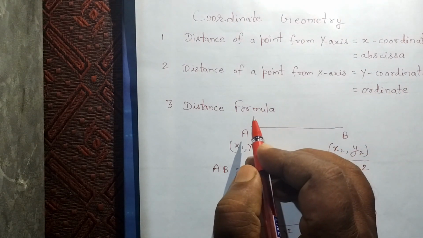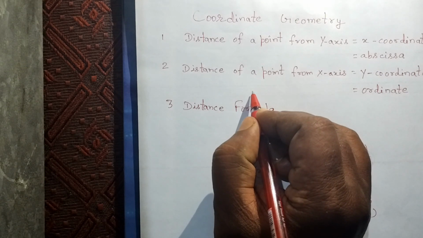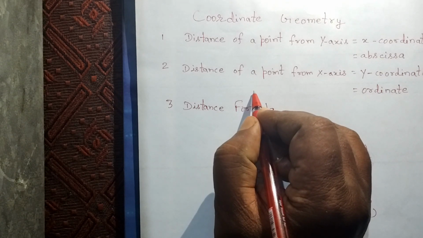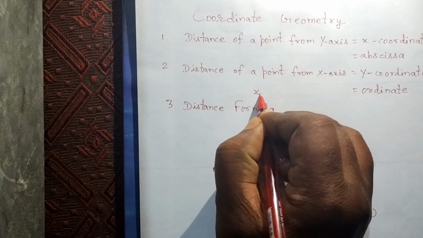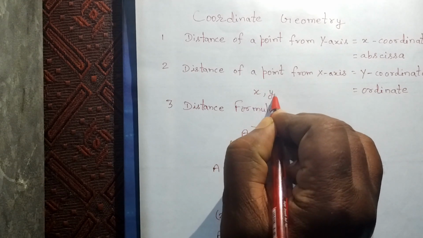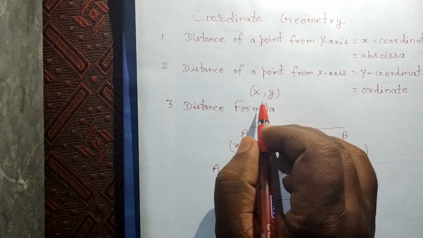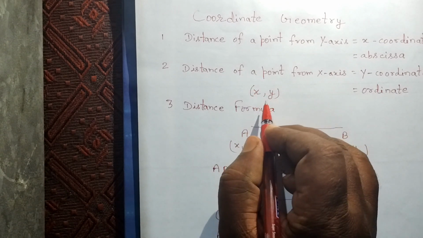It is written inside a bracket. First integer represents abscissa and second integer represents ordinate. Both these two integers are surrounded in a bracket.